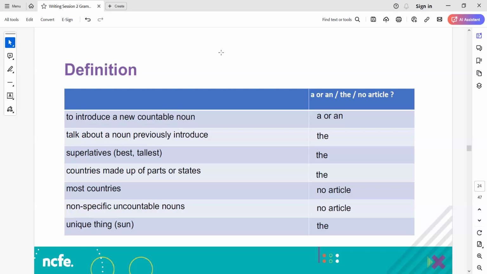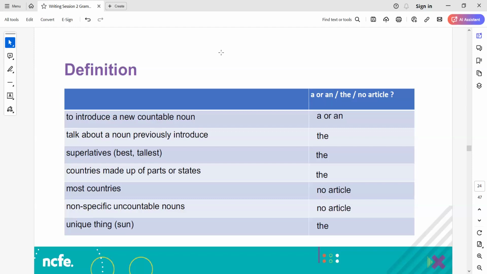The Philippines is a collection of states, the United States, that name describes all of those states together. But the United States is often referred to as America, and that name does not use an article.